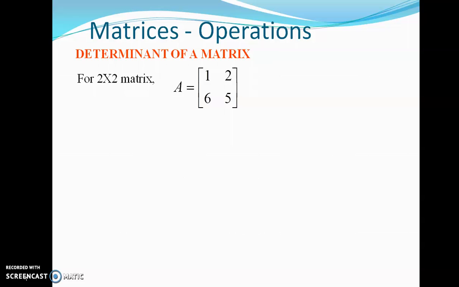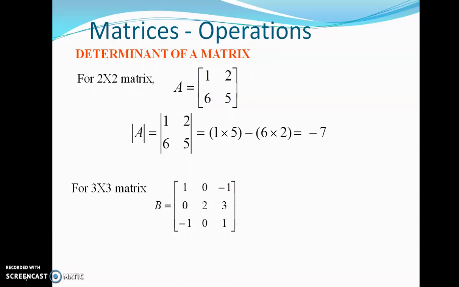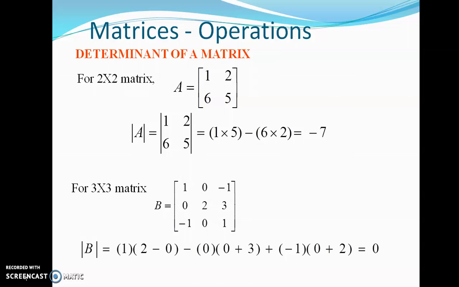For a 2 by 2 matrix, we can calculate the determinant as 5 into 1 minus 6 into 2. For a 3 by 3 matrix, the calculations are 1 into 2 minus 3 into 0, that is 0, and so on.